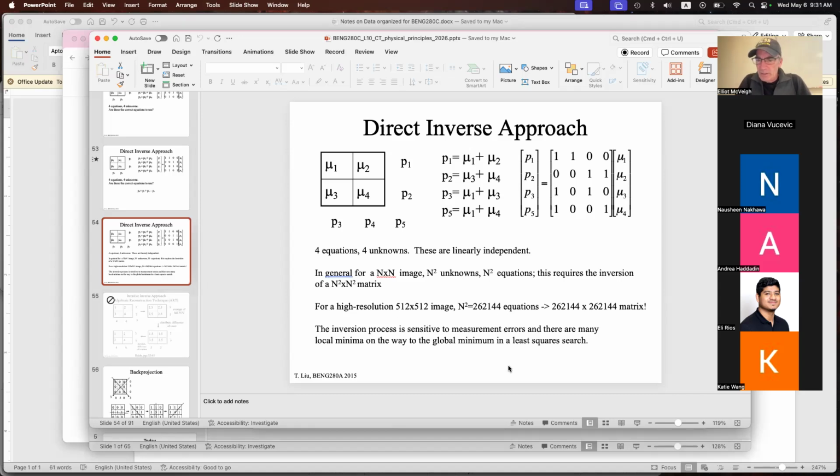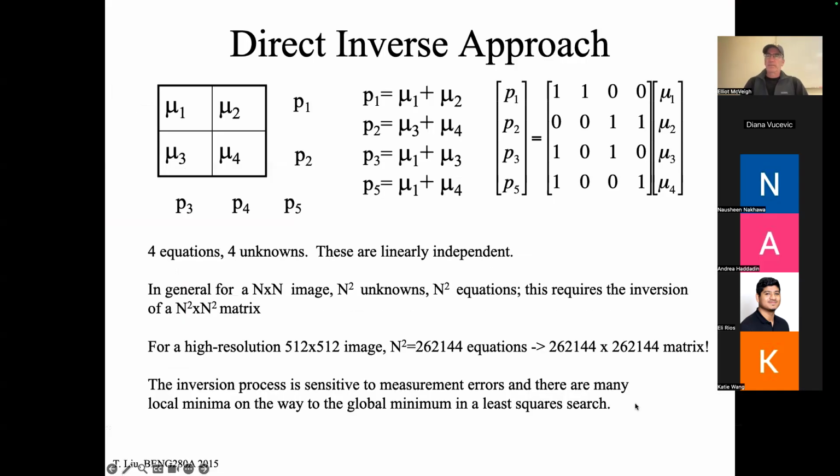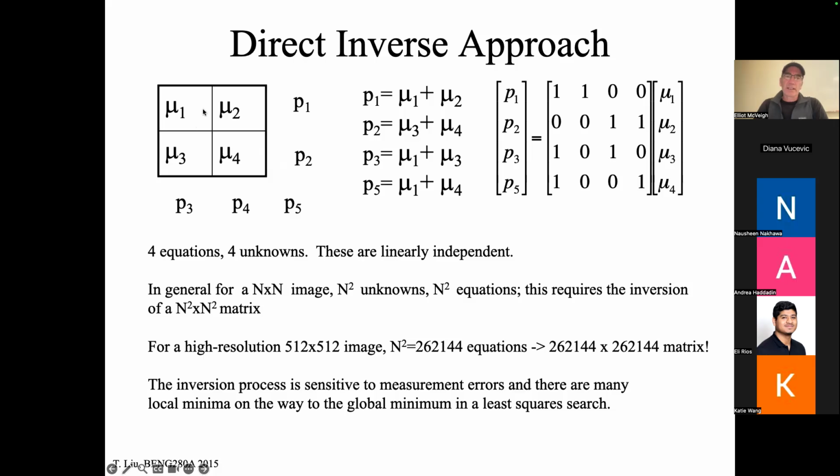An explanation of why you can essentially solve for the underlying attenuation coefficients in your image, given that you have measurements that are proportional to the sum of those attenuation coefficients. So we took sums in the horizontal direction, sums in the vertical direction.